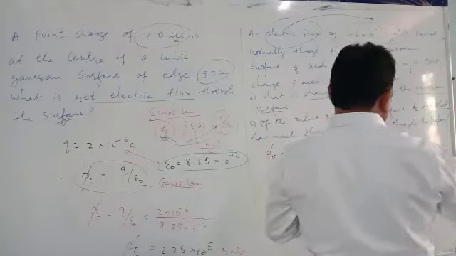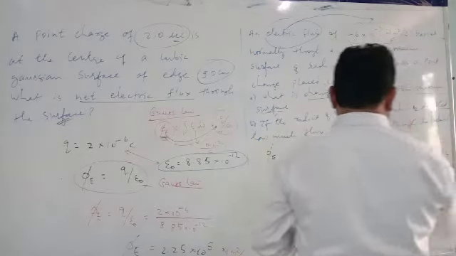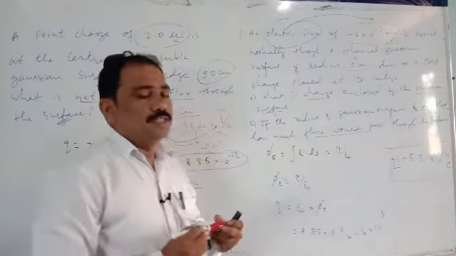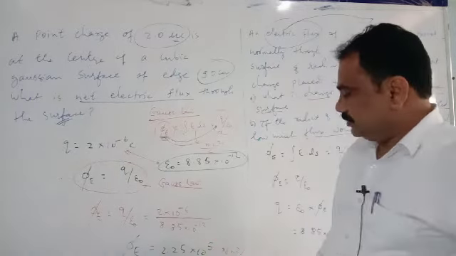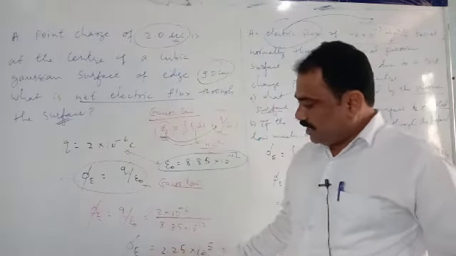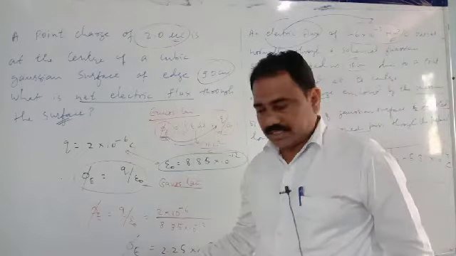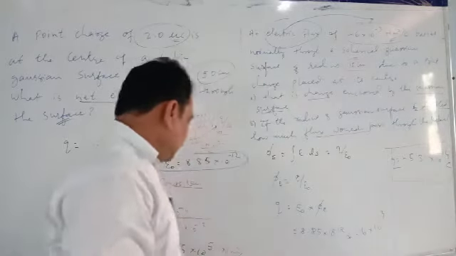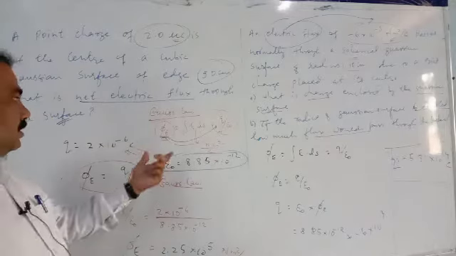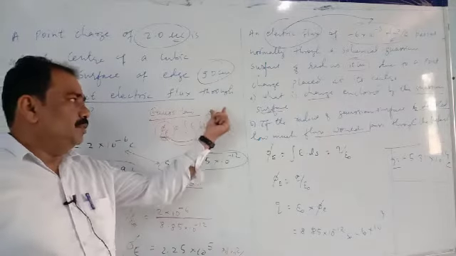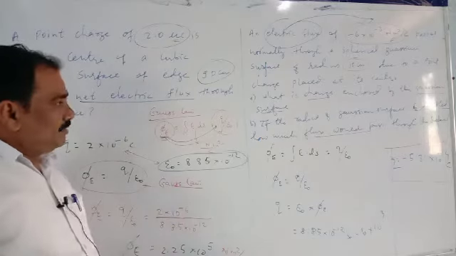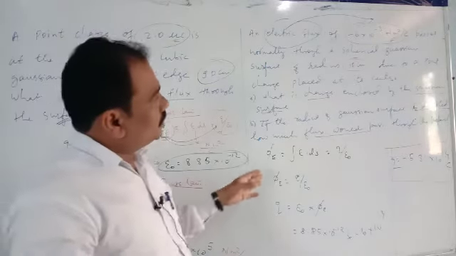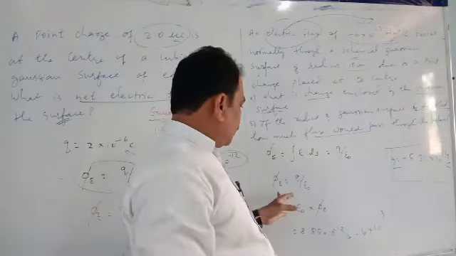So this is the value of q. Means using this Gauss law, or we can say Gauss principle, sometimes we have to calculate electric flux, and to calculate electric flux we know the law: electric flux is equal to q by epsilon naught. After that, sometimes it may be asked to calculate charge.